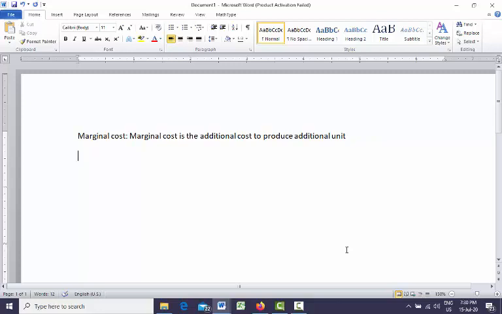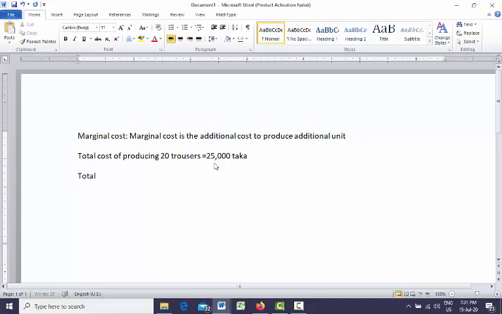So let me explain it in more detail. Suppose the total cost of producing 20 trousers is 25,000 taka.